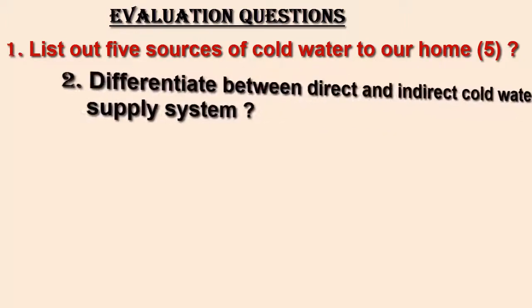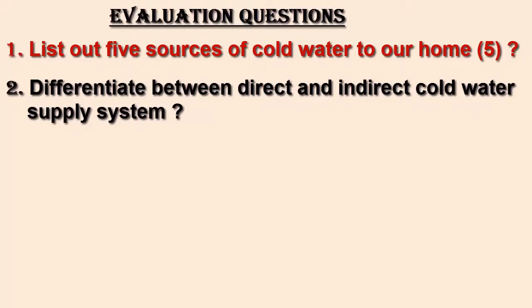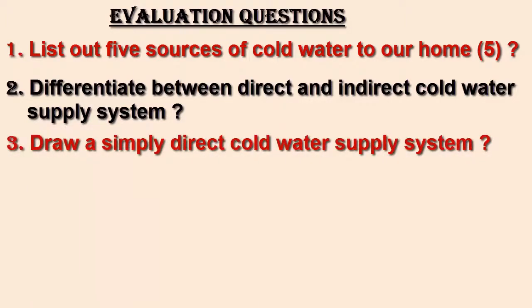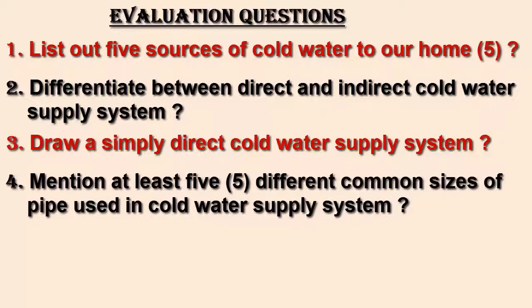Two, the student should be able to differentiate between direct and indirect cold water supply systems. Three, the student should be able to draw a simple direct cold water supply system. Four, the student should mention at least 5 different common sizes of pipes used in cold water supply systems.